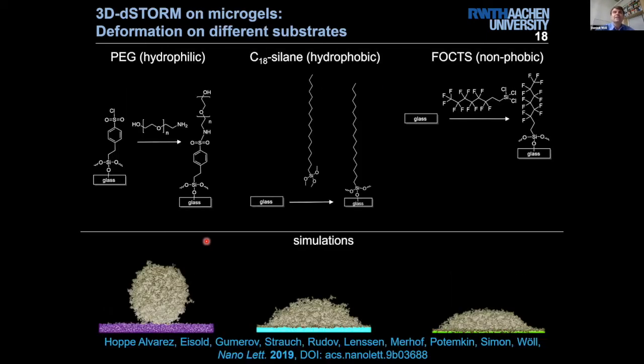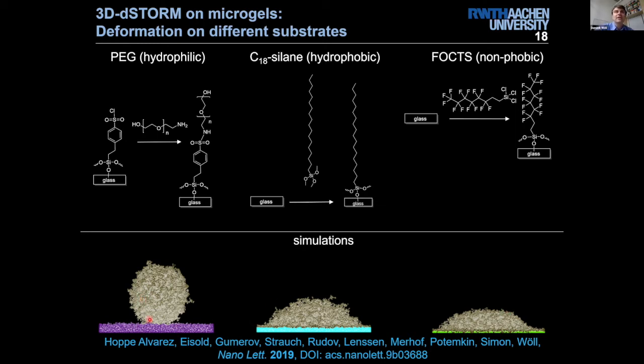And just to make this story not so long, we investigated different surface modifications: polyethylene glycol, a hydrophilic surface, a hydrophobic hydrocarbon surface, and a fluorinated surface. In cooperation with Igor Potemkin, who does simulations on these things, he showed how the shape depends on the surface where you put the microgels.